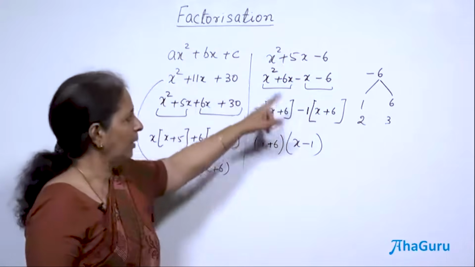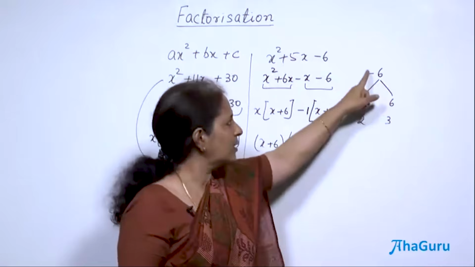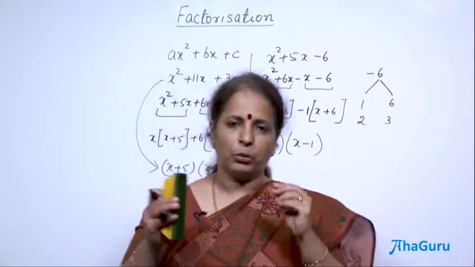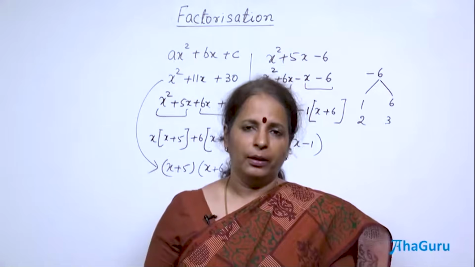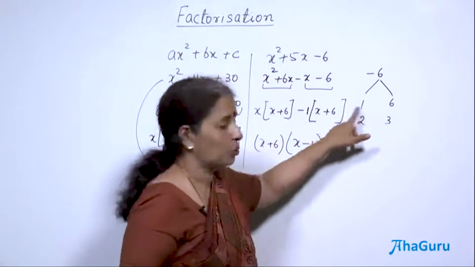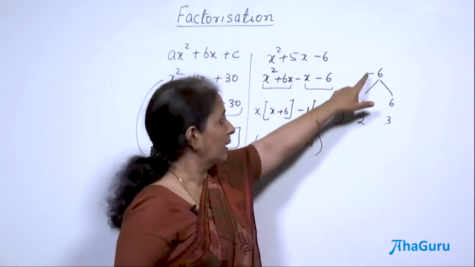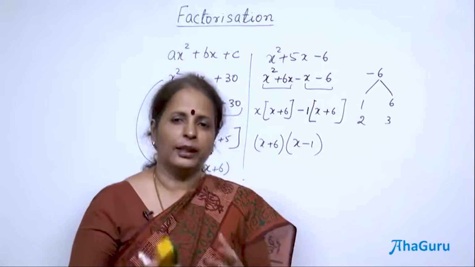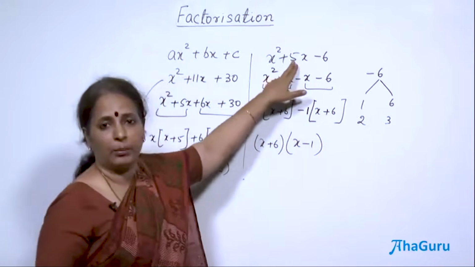A into c, right along with the sign. This sign will tell you what you are supposed to do with the factors. Are you supposed to add or subtract? So, if it is a minus sign, you are supposed to do the subtraction. If it is a plus sign, you are supposed to do the addition of the factors such that that number tallies with the central number.